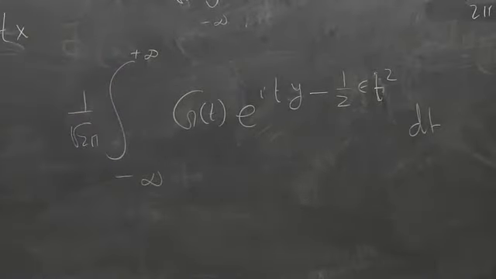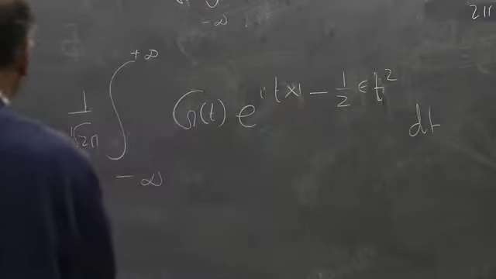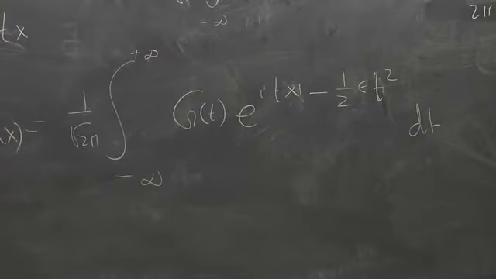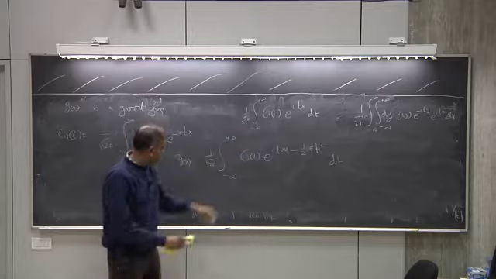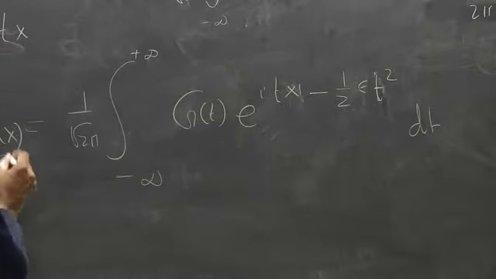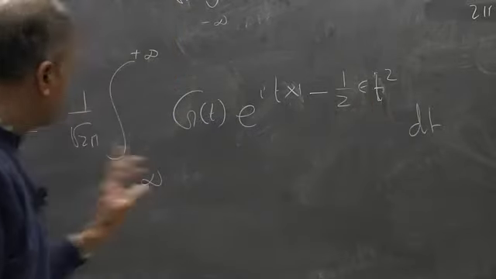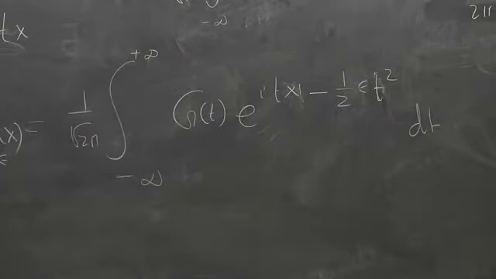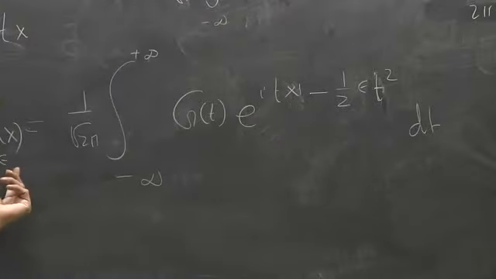Consider this object, and let me call this g tilde of x. In fact, let me also put epsilon here, because it depends on epsilon. Okay, but in the limit epsilon goes to 0, which is what that integral is, we want to prove that g tilde of x is the same as g of x, right? That's what we want to prove.